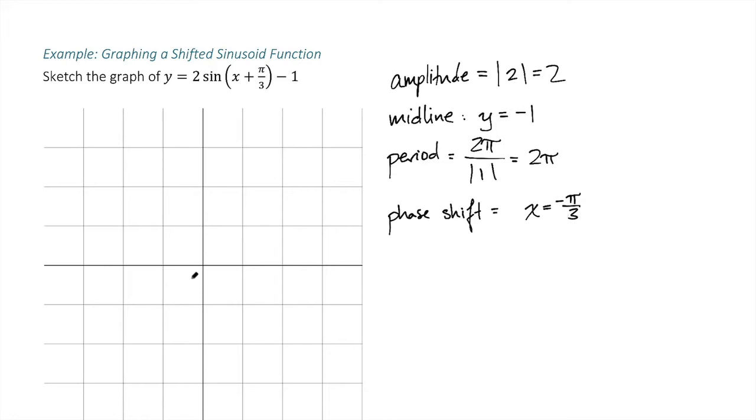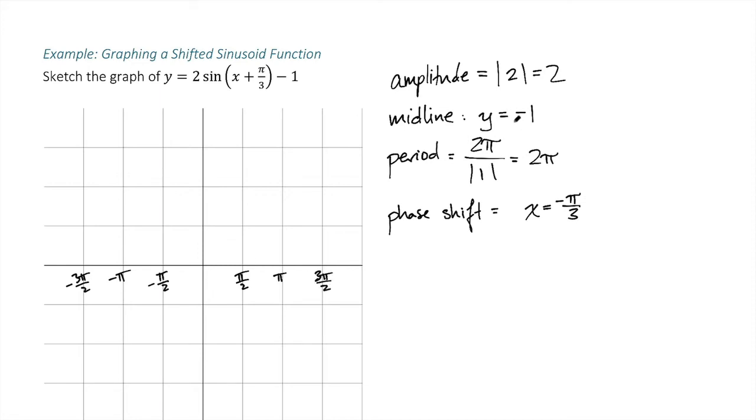I first need to pick my scale here on the x and the y axes. I'm going to go ahead and let each of these be a pi over 2. So negative pi over 2, negative pi, negative 3 pi over 2, and then over here positive pi over 2, positive pi, and positive 3 pi over 2.